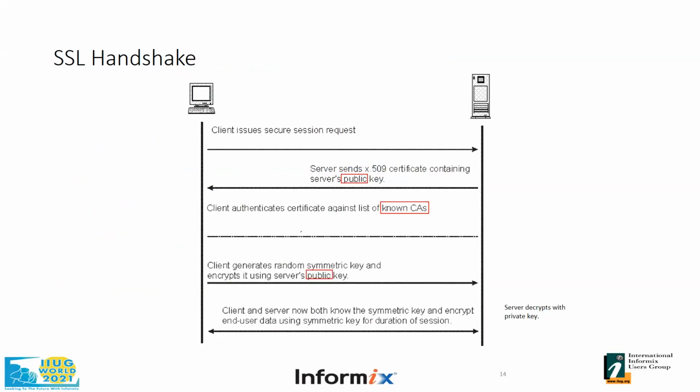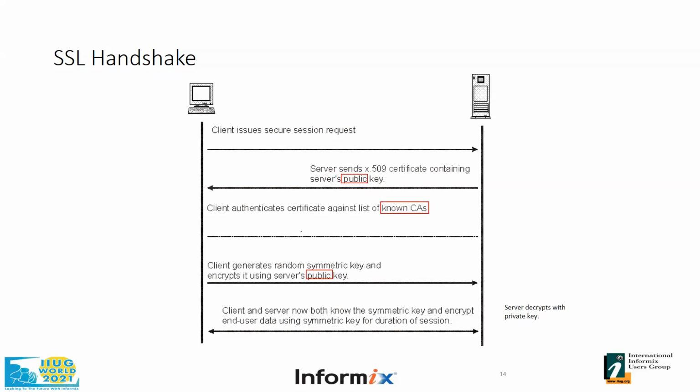Okay, this is a picture of what happens when someone tries to connect, making an SSL request, right? And the client basically issues a session request, and the server sends back the public part of the certificate that contains the server's public key. Then the client authenticates the server certificate using that chain of trust that we just talked about.